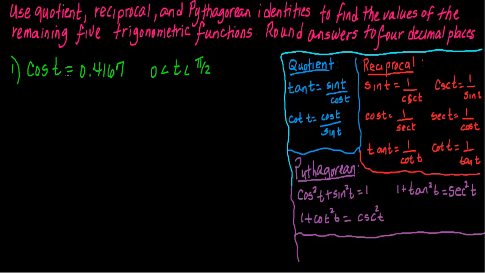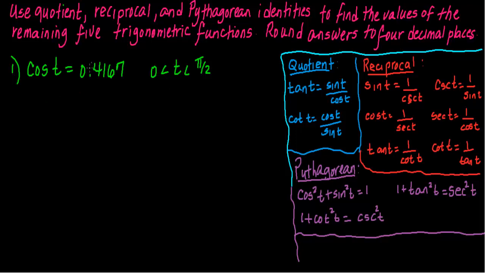They want me to use these identities that I've listed here to find the remaining 5 trig functions, which are sine, tangent, secant, cosecant, cotangent. Those 5 I have to find and find their value just with this piece of information that they've given me and the use of these identities.